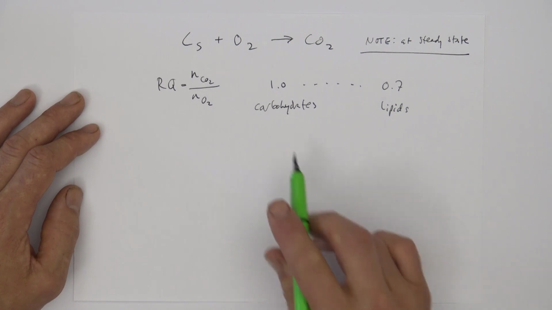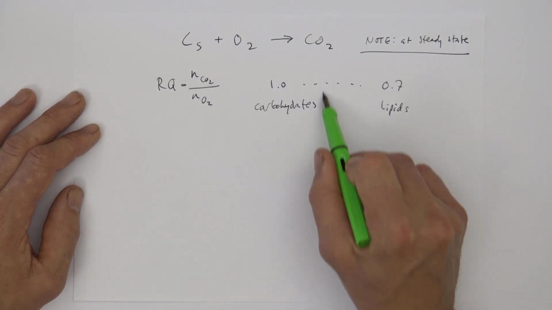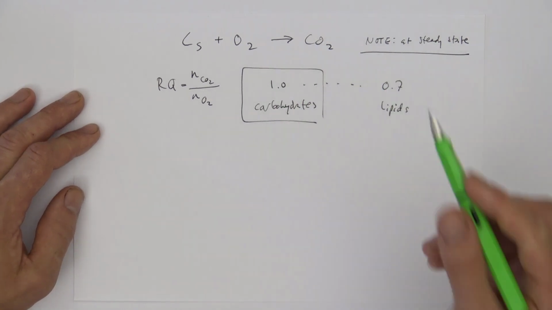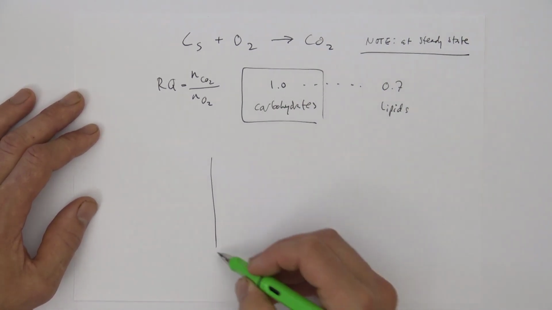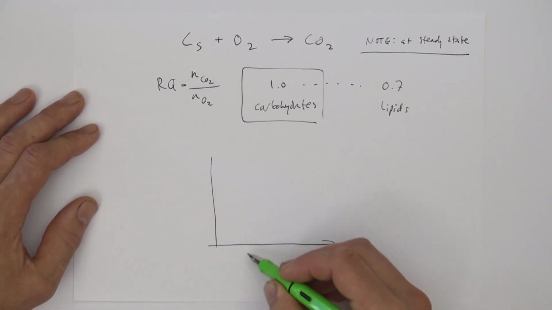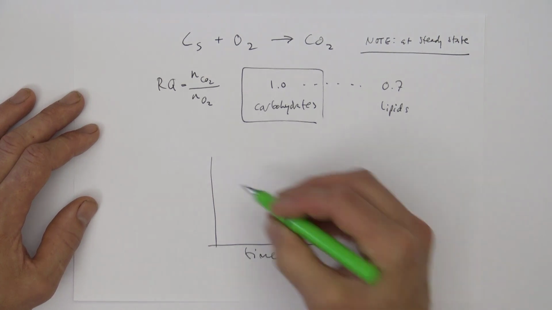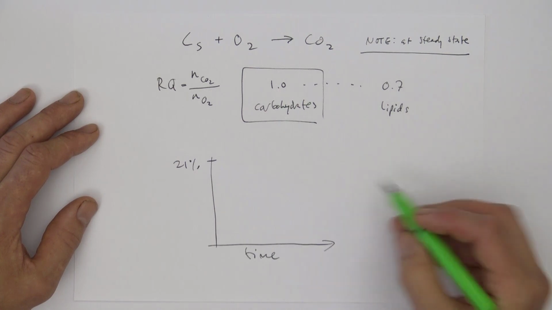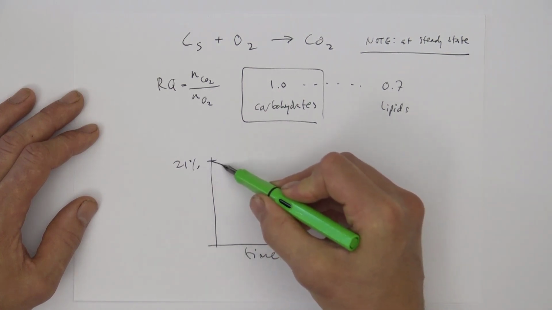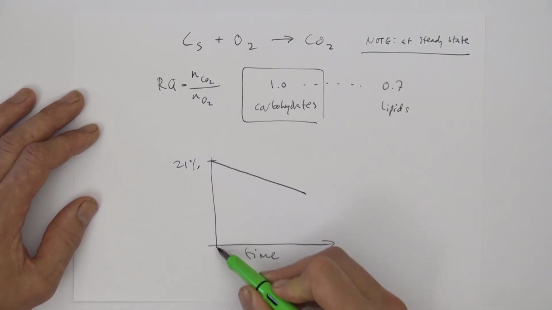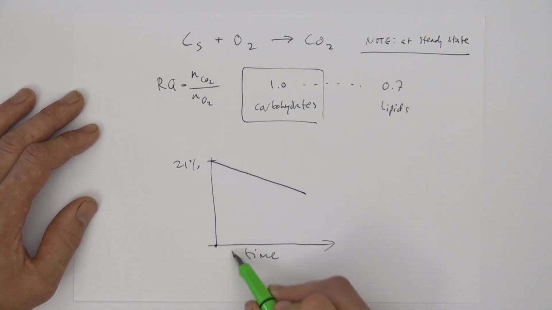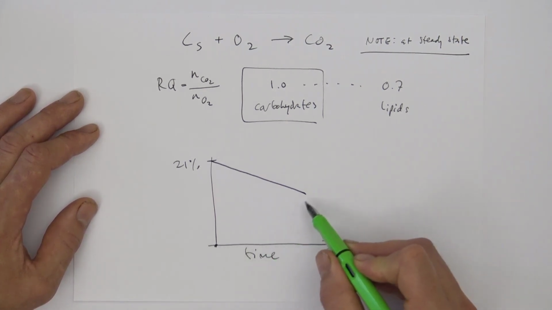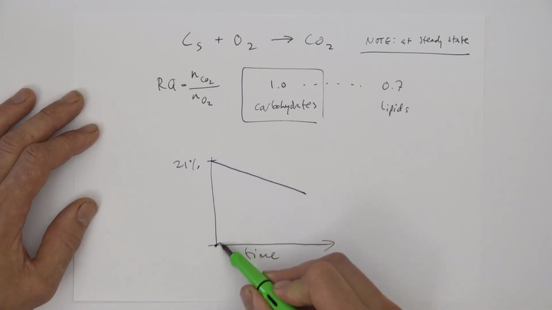So let's make it simple. Let's say we have this case. For every oxygen molecule that is consumed, we have a carbon dioxide produced. Then we have time, and we start with 21% oxygen, and it's being consumed, let's say like this. And carbon dioxide starts at essentially 0, very low values, and it will increase.